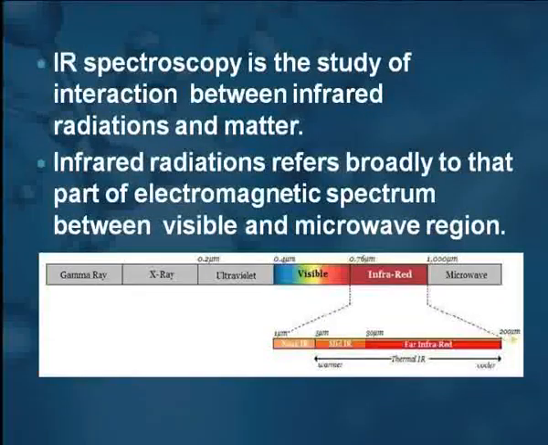What is IR spectroscopy? Infrared spectroscopy is the study of the interaction between infrared radiation and matter. Infrared radiation lies between the visible and microwave region. These are electromagnetic waves, and this spectrum is between the visible and microwave region.